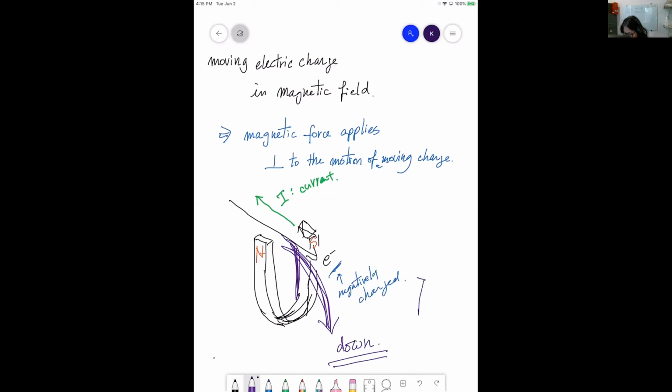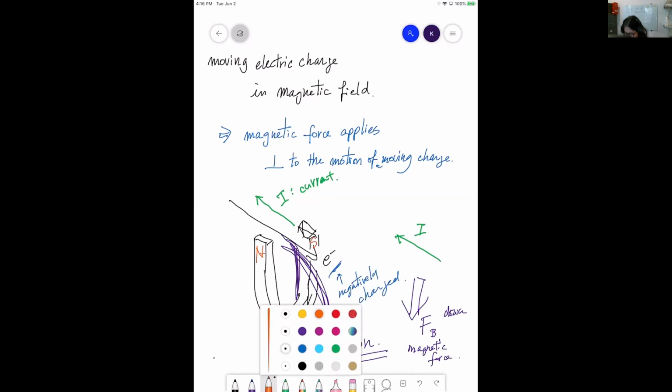This is going to be the magnetic force applied on the electron, downward. You see that the current is this way, I, and the magnetic field is north to south, this way. So therefore, the magnetic force will be downward.